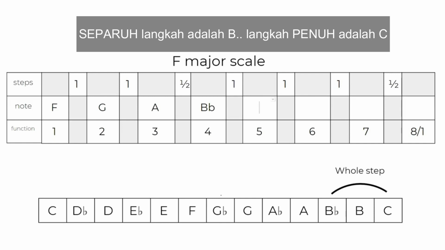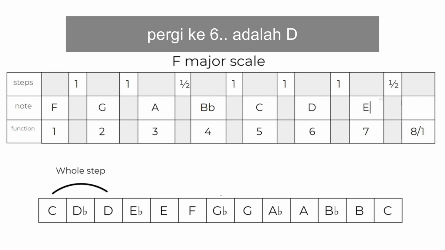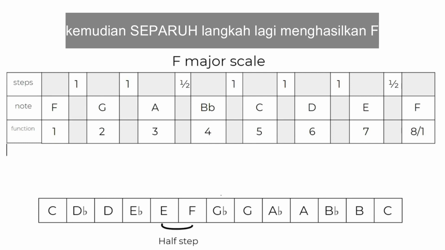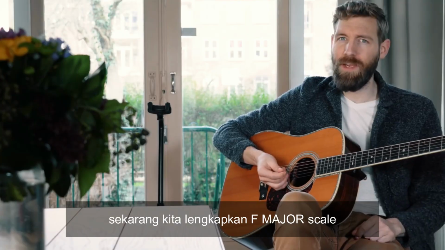So B flat, a half step up would be B, so a whole step up is C. Going to the 6th is D. Going to the 7th, a whole step up again is E. And then a half step up results in F. And now we made the F major scale.